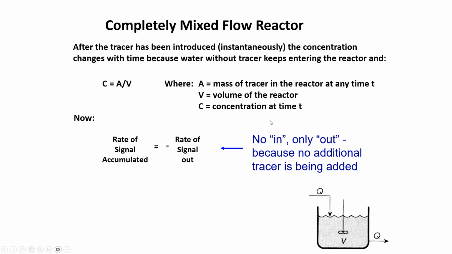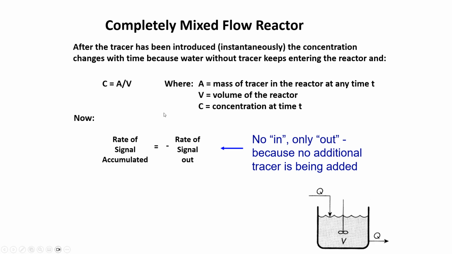So for a completely mixed flow reactor, remember that concentration is the amount divided by some volume of a reactor. And the tracer goes in instantaneously, but then we're not putting more and more of the tracer in. We just put it in as a pulse at time 0, and then it's only being flushed out after that.